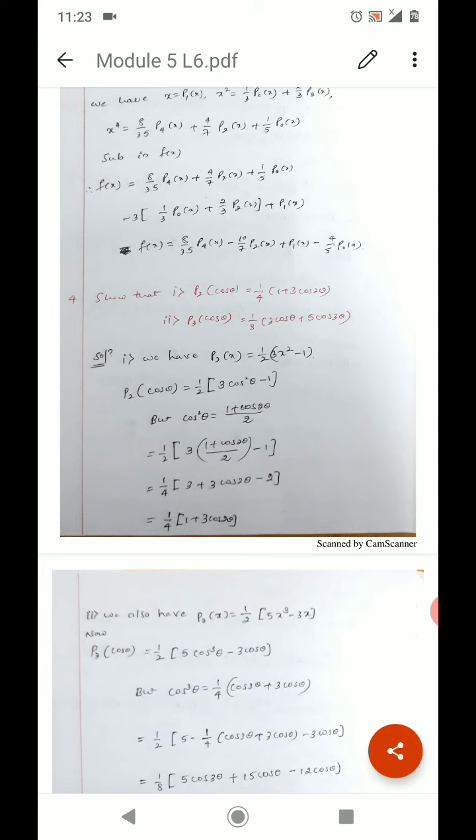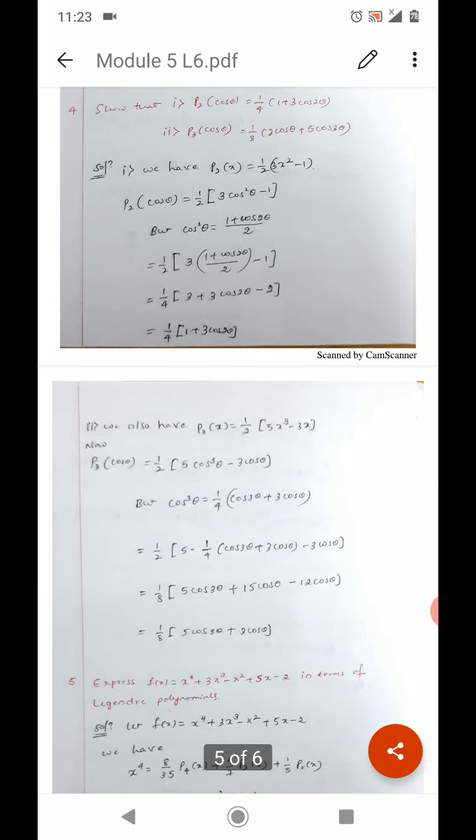Now the second one, we also have P3 of x is equal to 1 by 2 of 5x cube minus 3x. Here also we substitute x is equal to cos theta. That will become P3 of cos theta is equal to 1 by 2 of 5 into cos cube theta minus 3 cos theta. We have a standard result, cos cube theta is equal to 1 by 4 of cos 3 theta plus 3 cos theta.